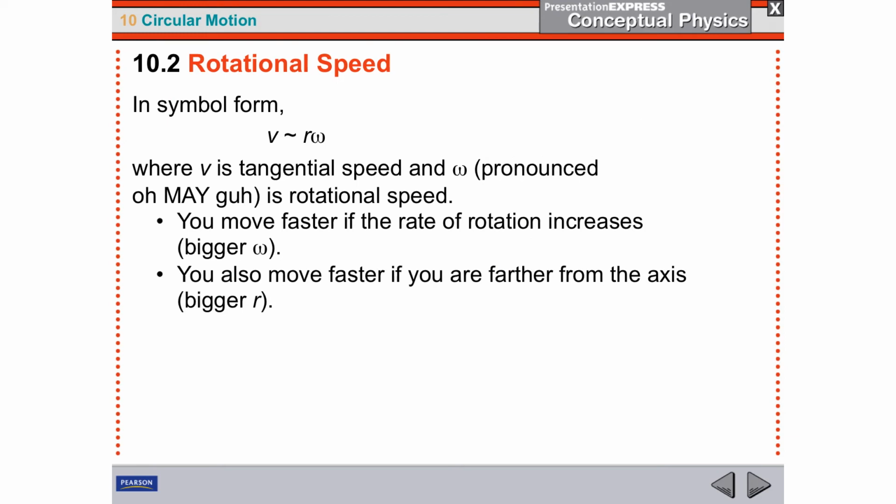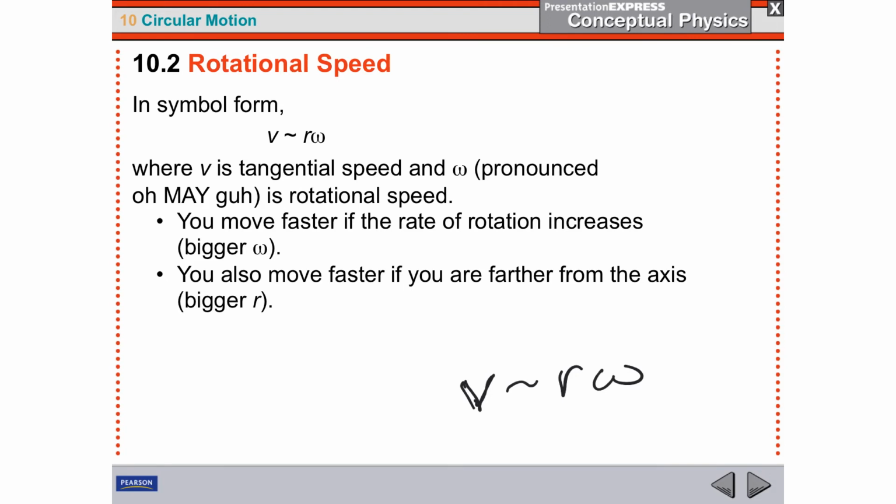So here is the proportion. This is not exactly an equation. We'll see that the velocity, the linear velocity, that straightforward velocity, is proportional to, that's what the squiggle line is, proportional to how far away from the center you are, that's your radius, and omega, which is the rotational or angular speed of the disk.